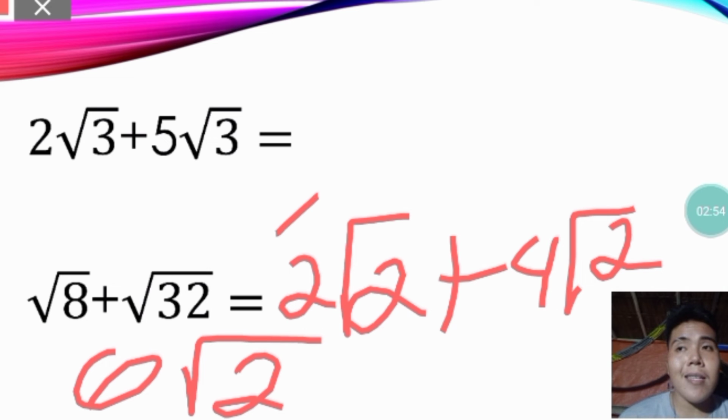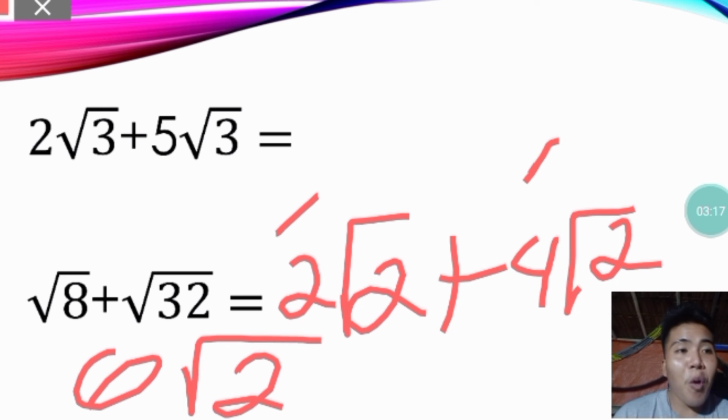Then 32 is 16 times 2. What is the square root of 16? We have 4, because 4 times 4 is 16. That's why we put 4 here. Why do we simplify the numbers 8 and 32?